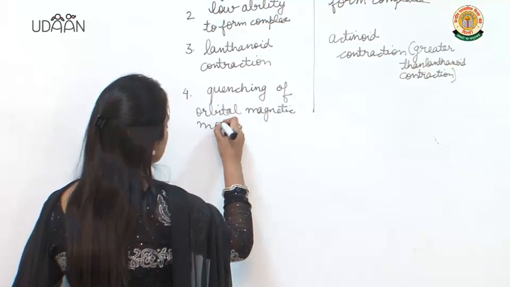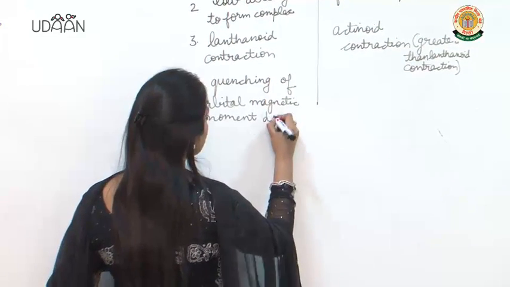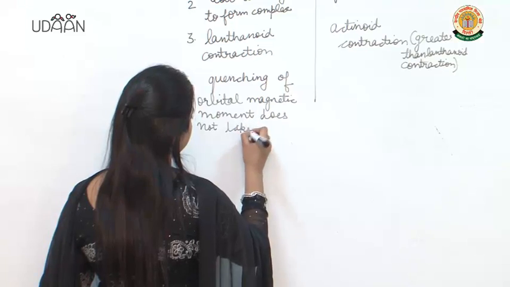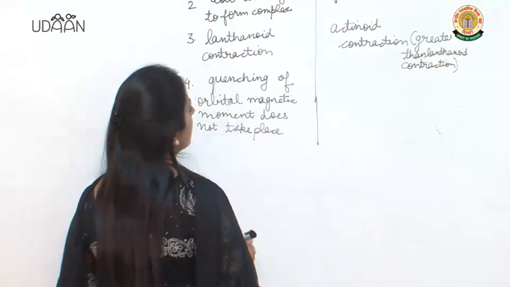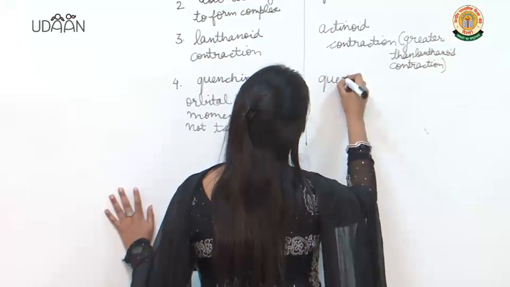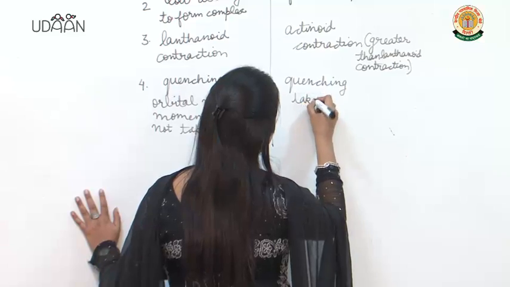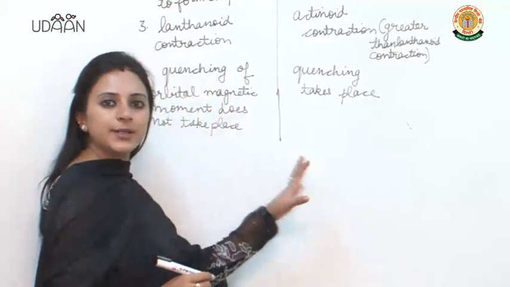Quenching of orbital magnetic moment does not take place in lanthanoids, but in case of actinoids, quenching takes place to a certain extent.